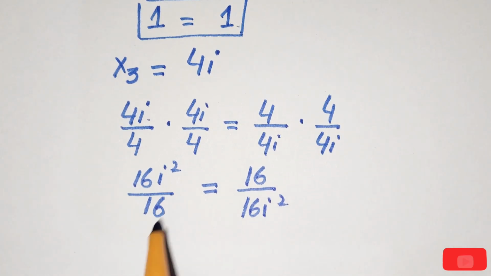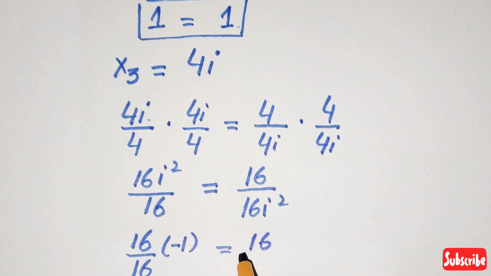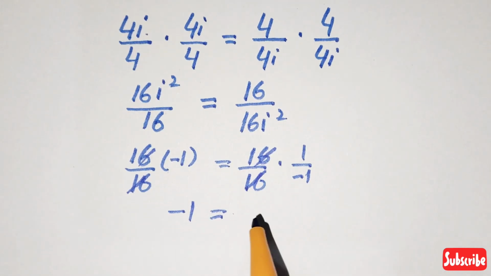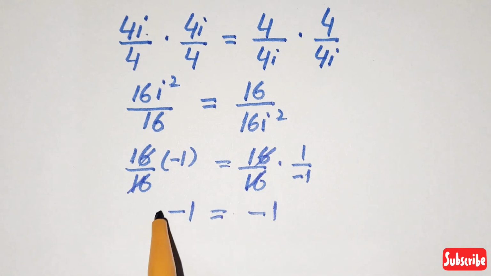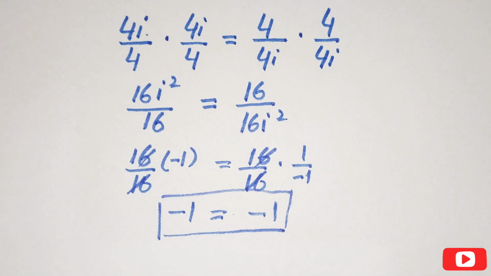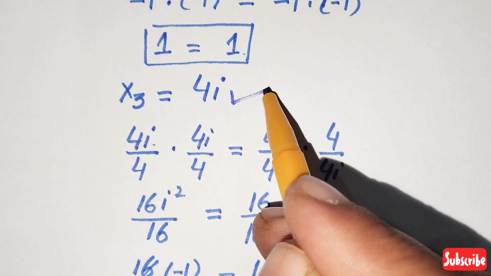As we know that i squared is equal to minus 1, it is 16 by 16 times 1 by minus 1. Cancelling, we get minus 1 is equal to minus 1. So both sides are equal. We can cancel the minus sign on both sides, then we get 1 is equal to 1. So our value x3 equals 4i is correct.